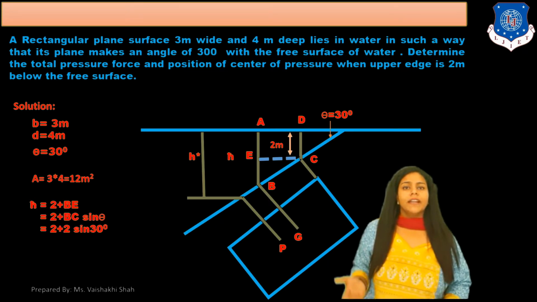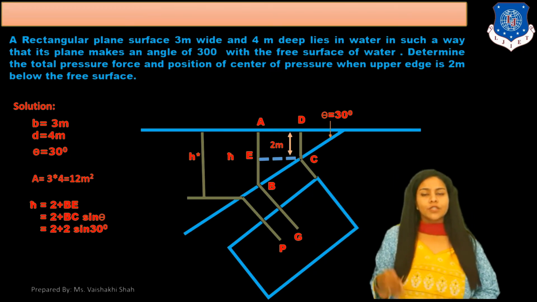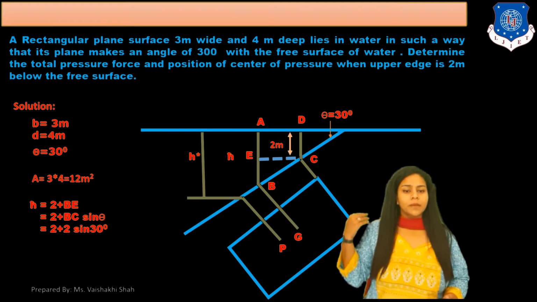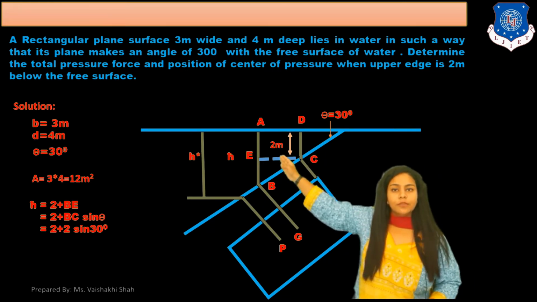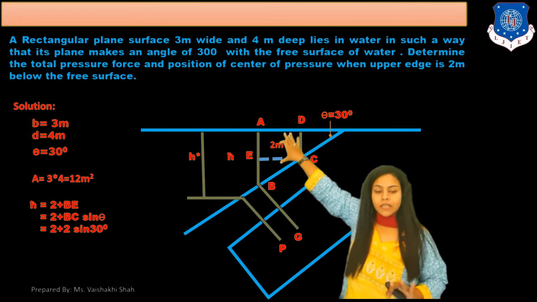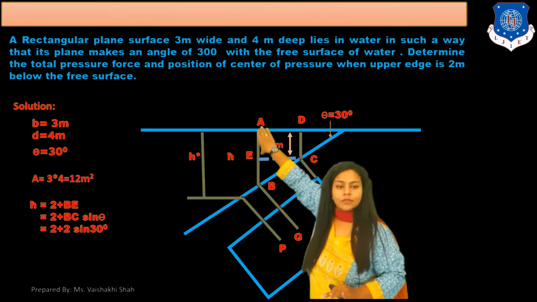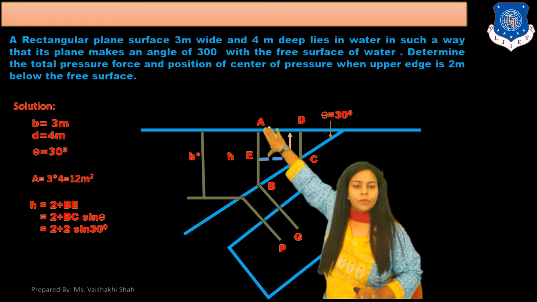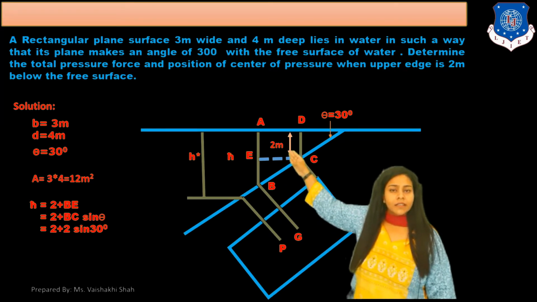Now the area of this rectangular plate is 3 into 4, that is 12 meter square. And if we have to find h bar here, then as you can see from the diagram, h bar equals AE, that is 2 plus BE, because this distance is 2 plus BE. As we know, this angle is theta, 30 degree.